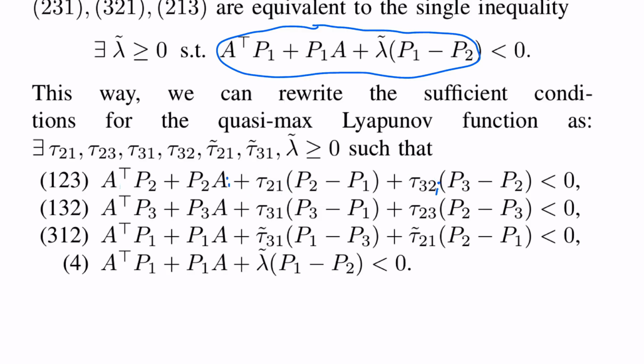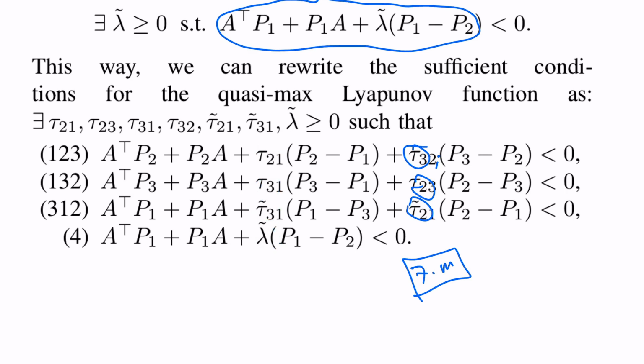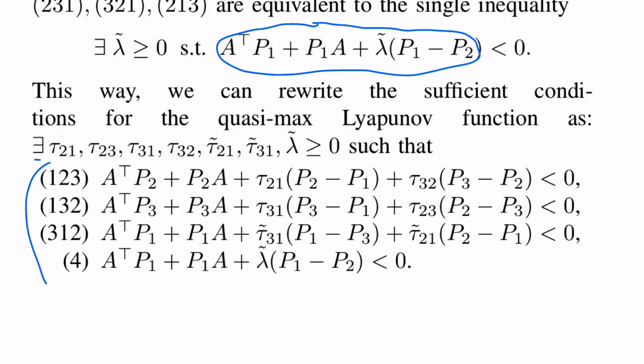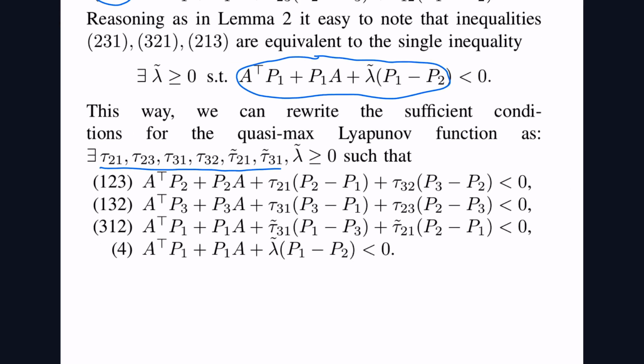In this case, how many constants do we have? 1, 2, 3, 4, 5, 6, 7. No, that's not the case. We need to have 7 times M constants. Make sense? For any given A there exists. So if you give me another A, I have more flexibility, is what I'm saying. But the P terms stay the same.